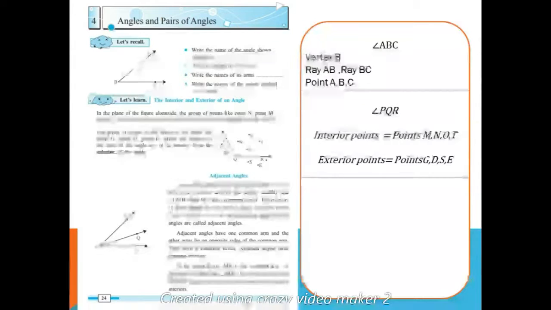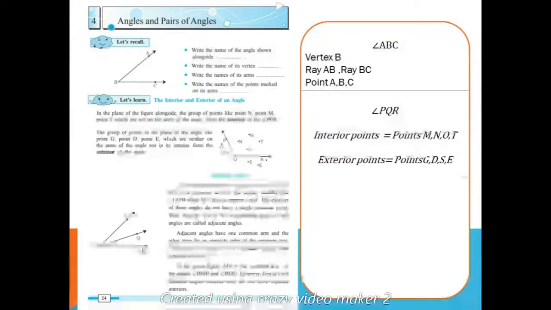Now we'll study adjacent angles. Here the angle given is angle BMD. This angle has one arm, that is the ray MQ, and a common vertex.